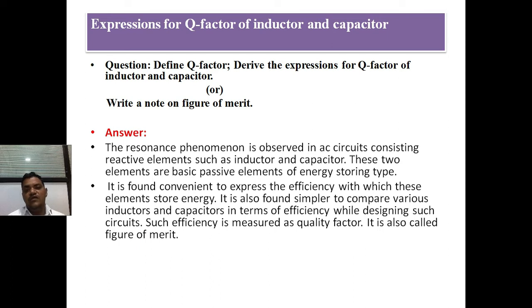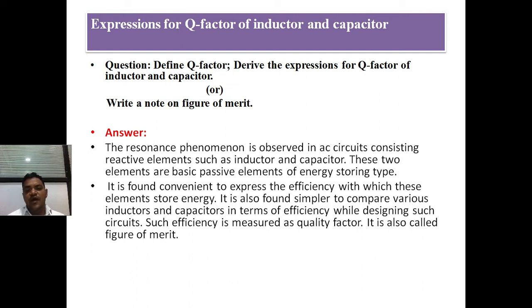Define the quality factor. The answer: the resonance phenomenon is observed in an AC circuit consisting of reactive elements such as inductor and capacitor, and these two elements are the basic passive elements of the energy storage type. The capacitor stores charge in the form of positive and negative ions.